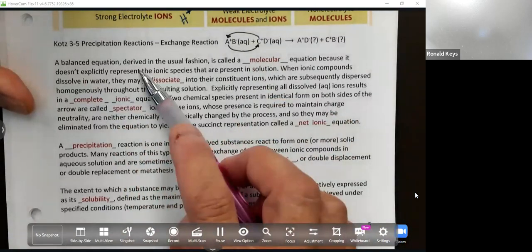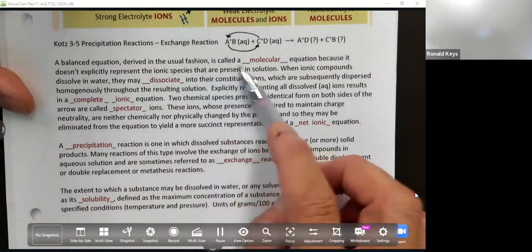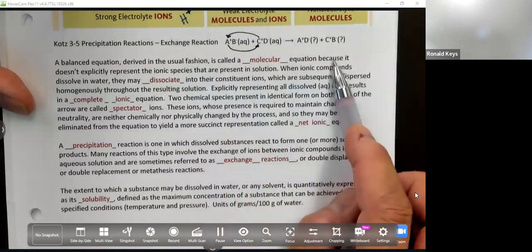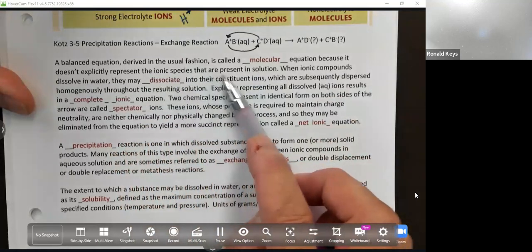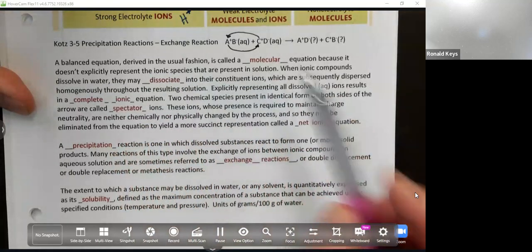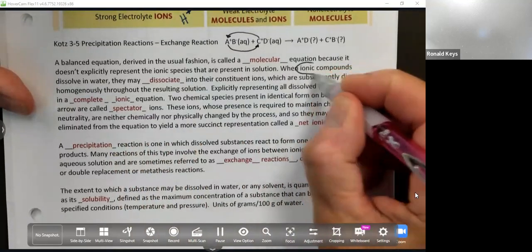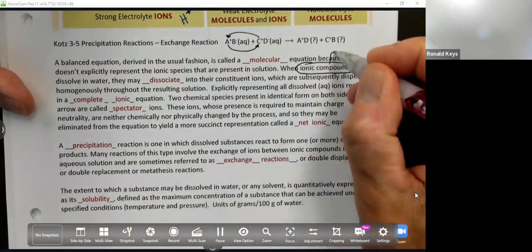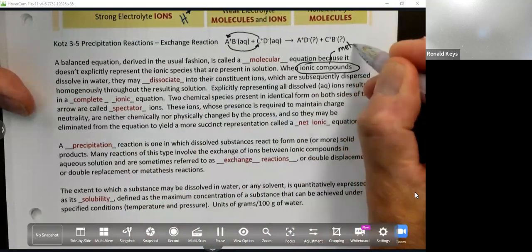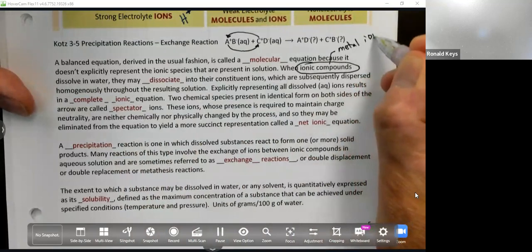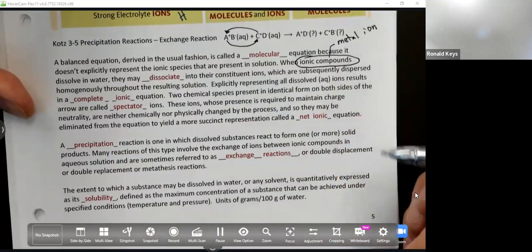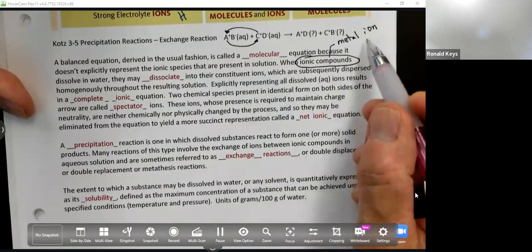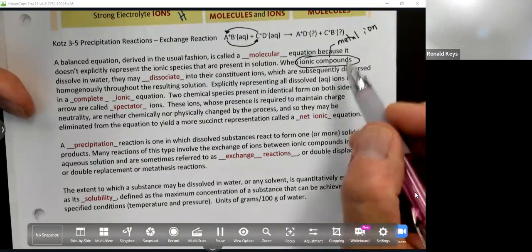A balanced equation derived in the usual fashion is called a molecular equation because it doesn't explicitly represent the ionic species that are present in solution. When ionic compounds, again, what do you have for ionic compounds? Starts with a metal ion, or ammonium, but typically a metal ion.